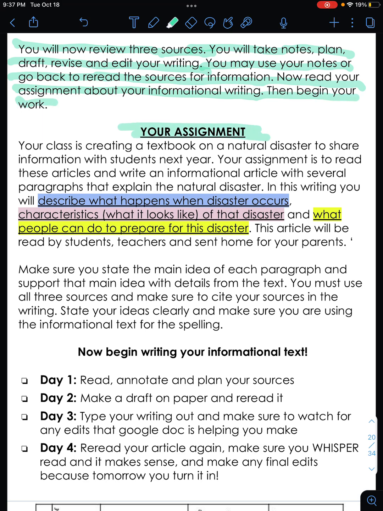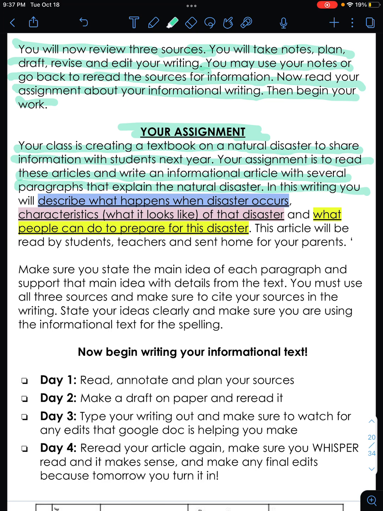Here is your assignment. Your class is creating a textbook on a natural disaster to share information with students next year. Your assignment is to read these articles and write an informational article with several paragraphs that explain the natural disaster.